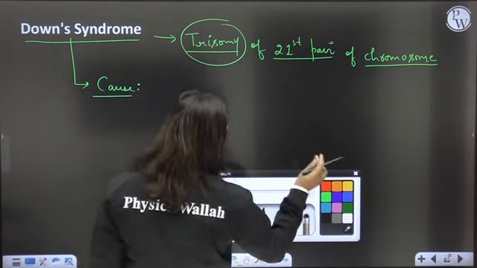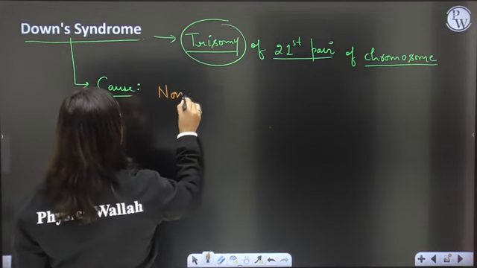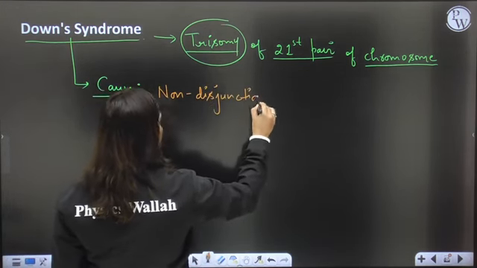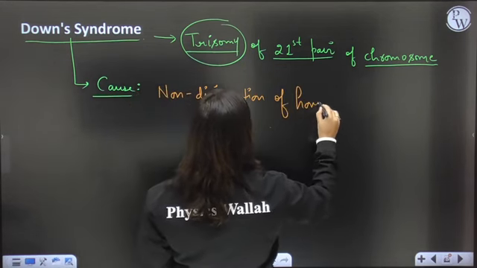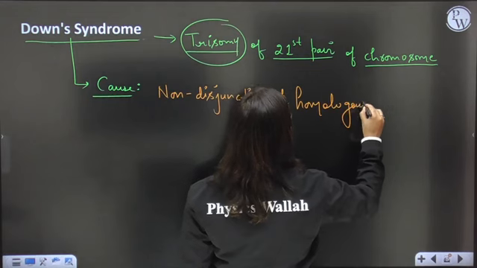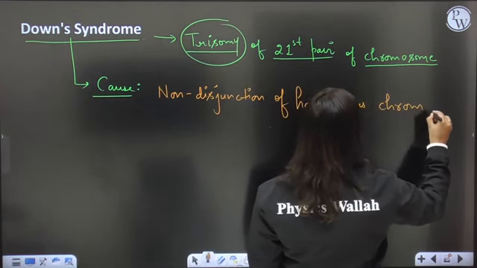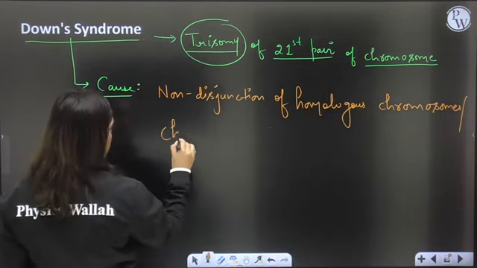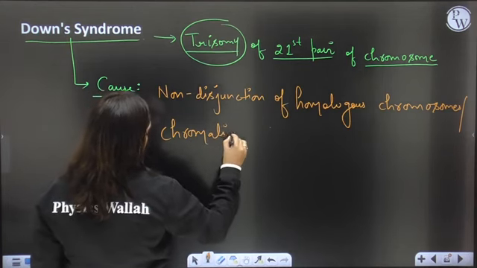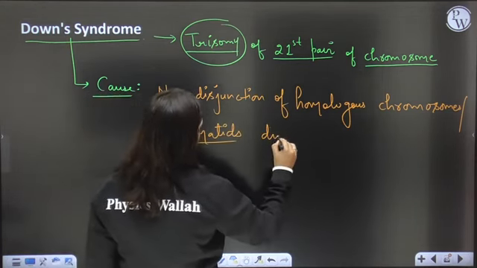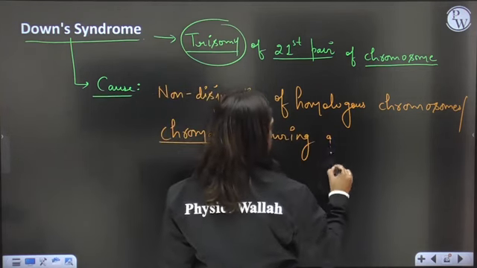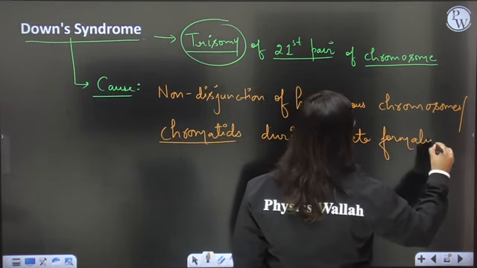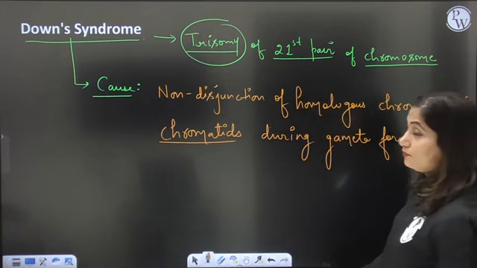The cause is non-disjunction of homologous chromosomes or chromatids during gamete formation.